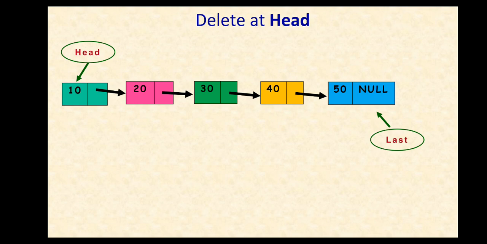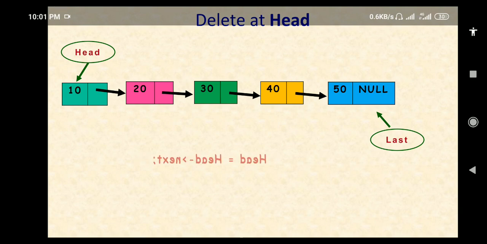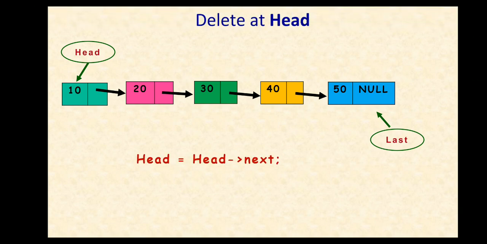So that is what I am doing here, with a simple single line statement: head is equal to head next. Head next is the second node, and the second node's address is assigned to head. Then head will point to the second node.